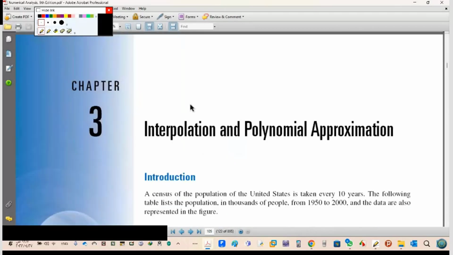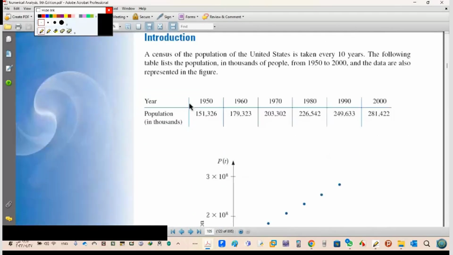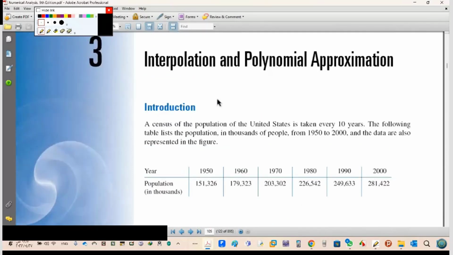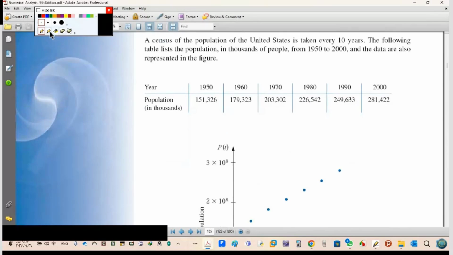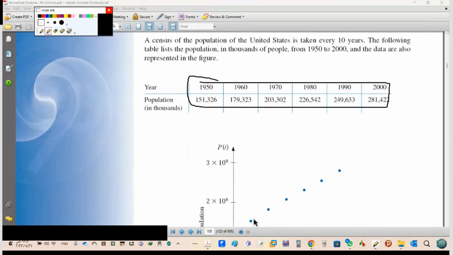You can find it on the PowerPoint and the PDF, and also in the book. I prefer to read it from the book. Again, interpolation means I have those pairs x and y, and I want to convert them to a formula.